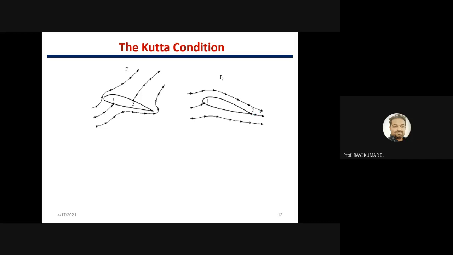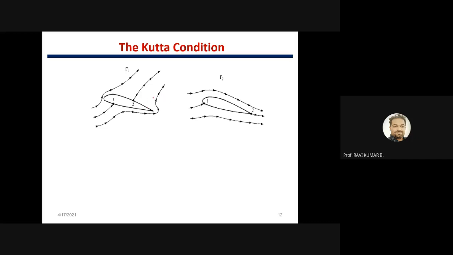In this case, what will happen? Velocity over here and velocity over here will have the same magnitude. If that is the condition, there will be no generation of vortices. But in this case, here velocity will be different and here velocity will be different. Due to that, there will be cross mixing of the flow at the trailing edge, due to which there will be generation of trailing edge vortices.